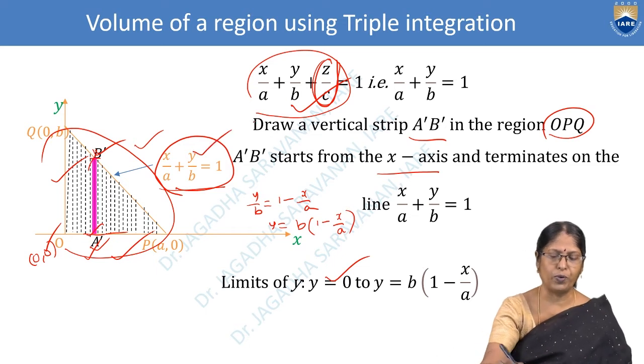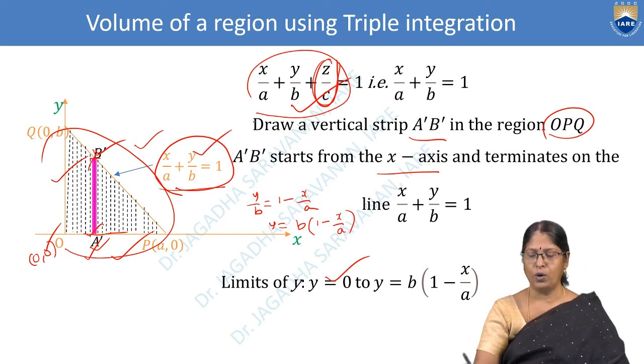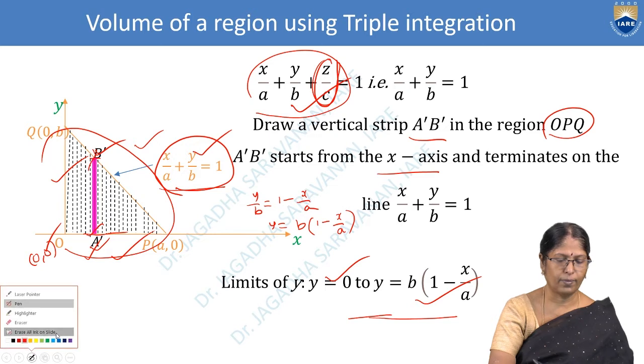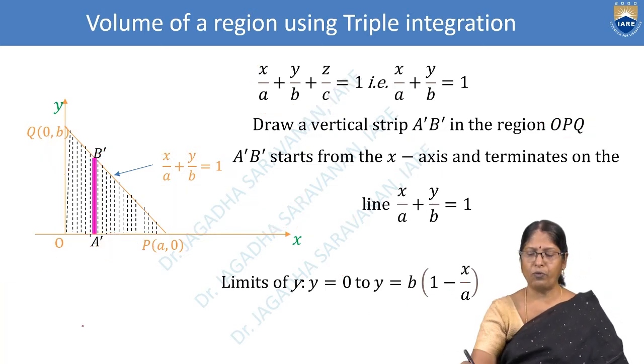So from which we obtained it, what is y, from where to where, it is very clear now. So the limits of Y are completed.